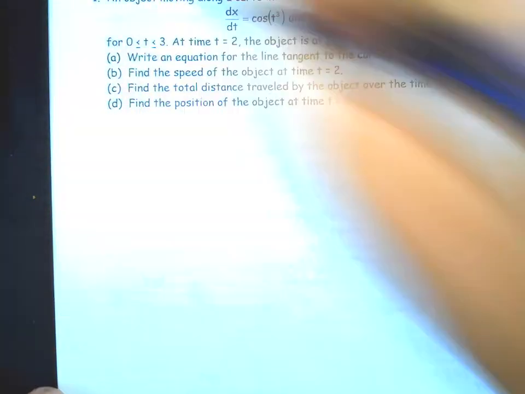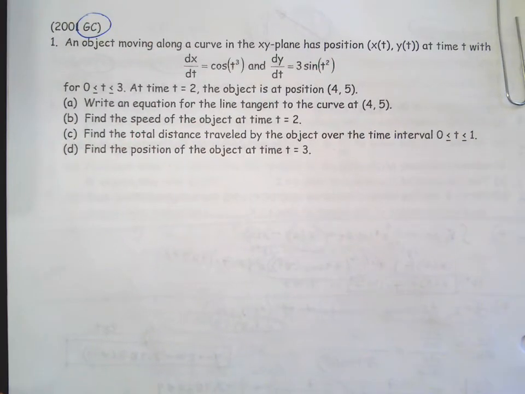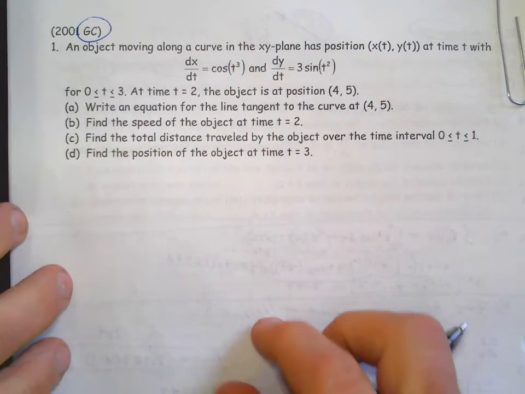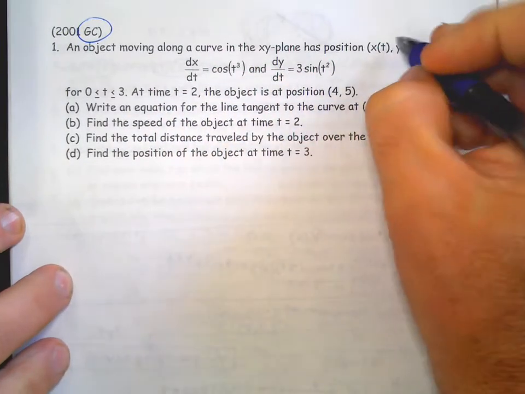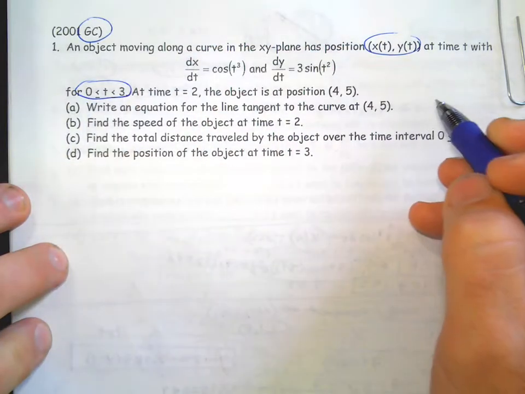Graphing calculator. So that last problem was kind of interesting because they gave you the velocity in the x direction, not the y, and you had to do some other creative things. This time, an object is moving along a curve in the xy plane, with parametrics x(t), y(t). Time is restricted this time, 0 to 3.